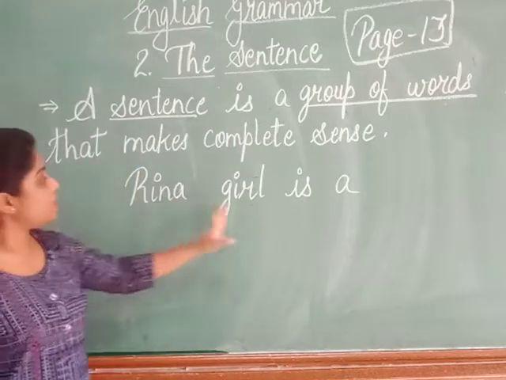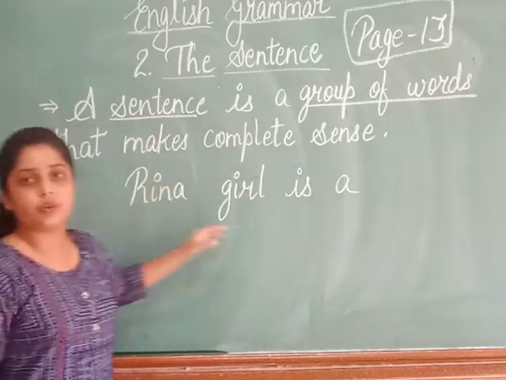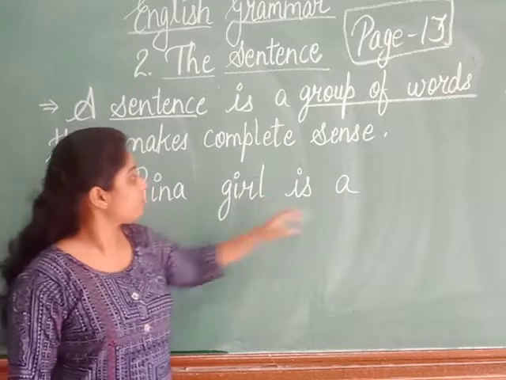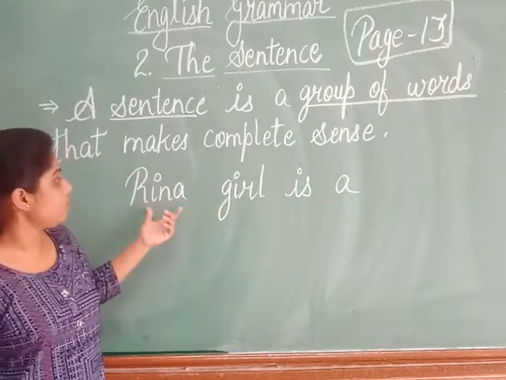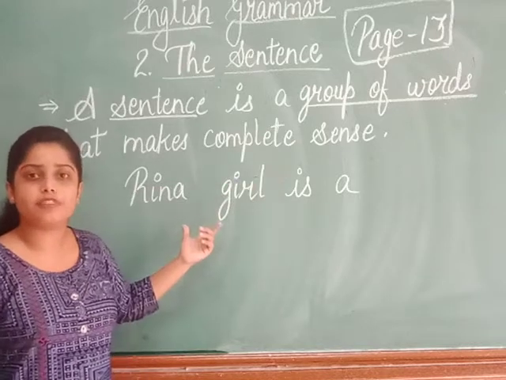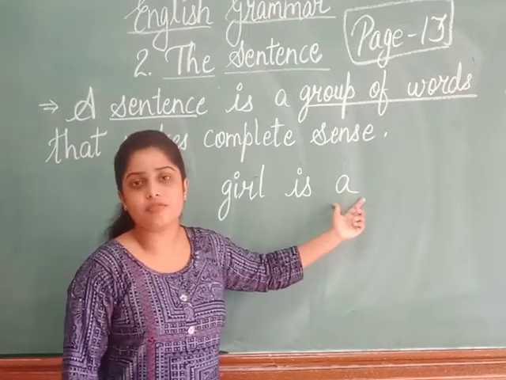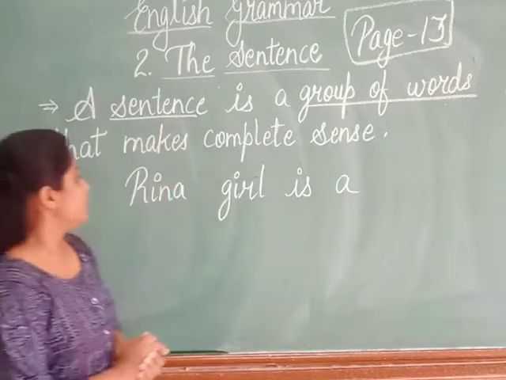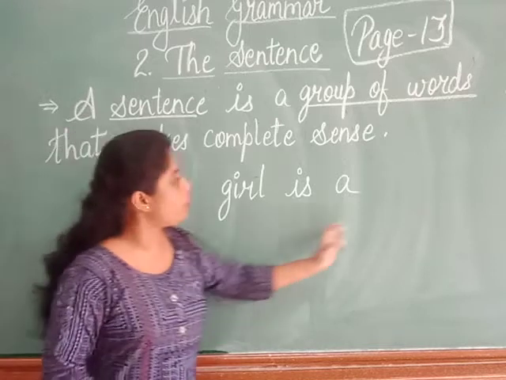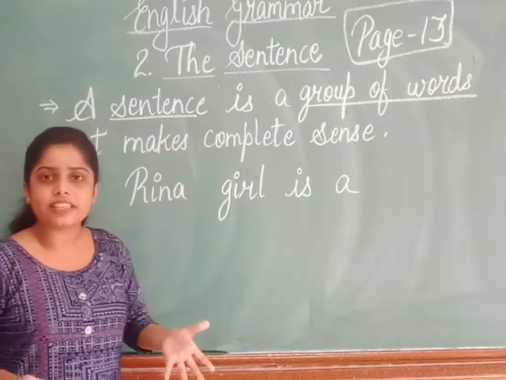So we have here some group of words, right? So 4 words basically we have. This 'a' is the article. We are going to study about articles in the upcoming chapters. So do these group of words actually make a sentence?